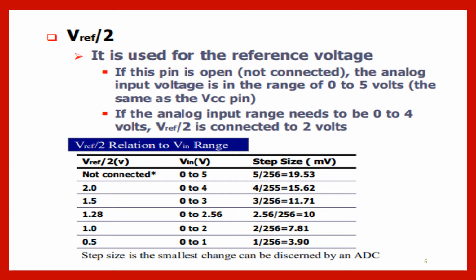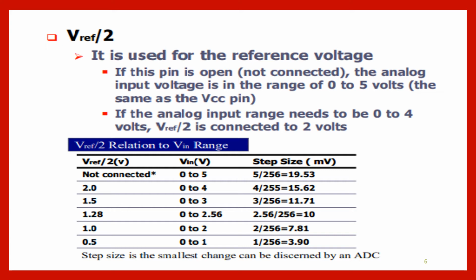Now, as far as this conversion is considered, here is the significance of the reference voltage and Vin input. The pin is Vref/2. If this pin is open, not connected, then the analog input voltage is in the range of 0 to 5 volt, and if you have specific voltage levels as per your requirement, then Vin is to be set accordingly.